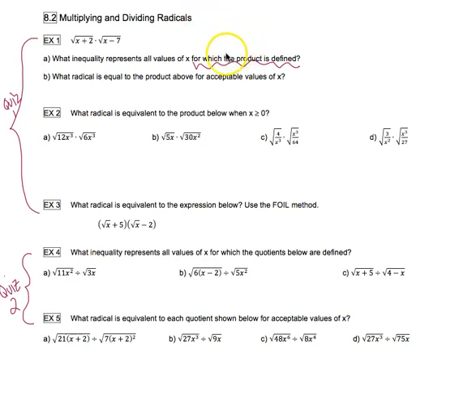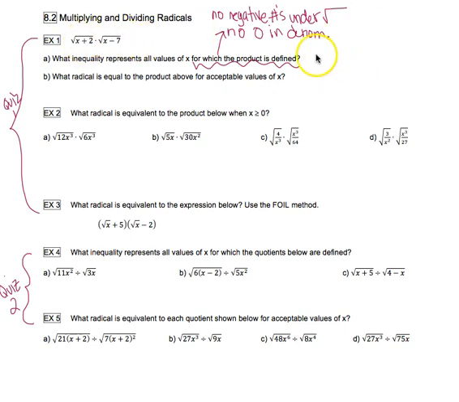Remember that the rules in general that we're following is that we can't have negative numbers under a radical, and you can't have 0 in a denominator.